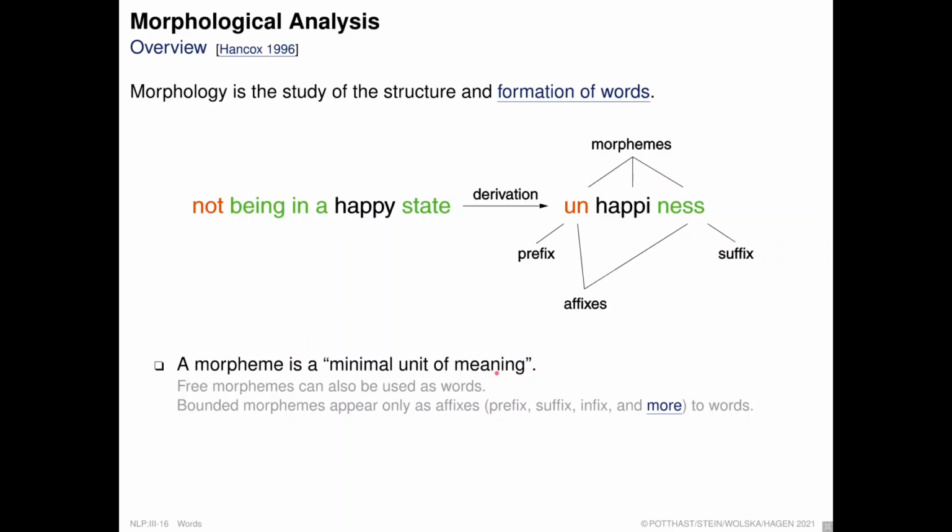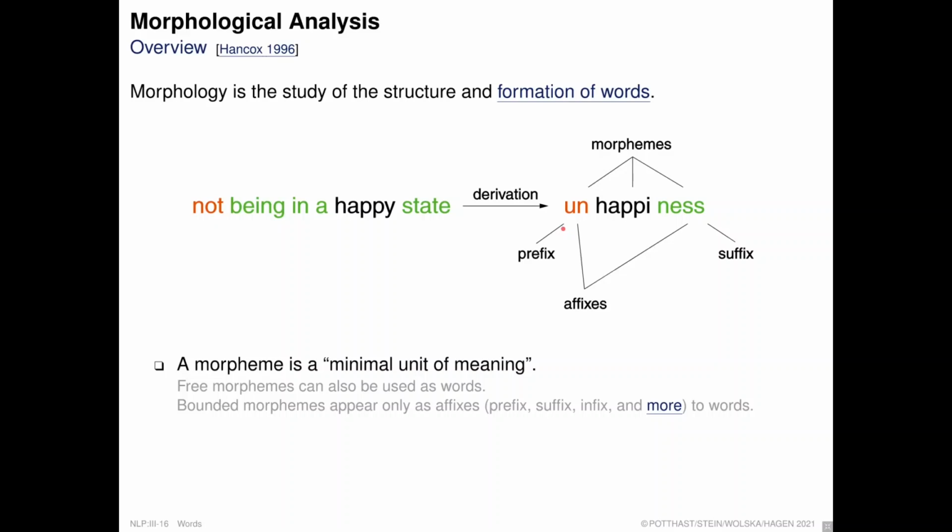So there is a distinction between free morphemes and bounded morphemes. We don't need to go into detail here. You're welcome to look at more detail under this link. Free morphemes basically are the ones that can be used as words by themselves. So here, a free morpheme will be the morpheme happy.